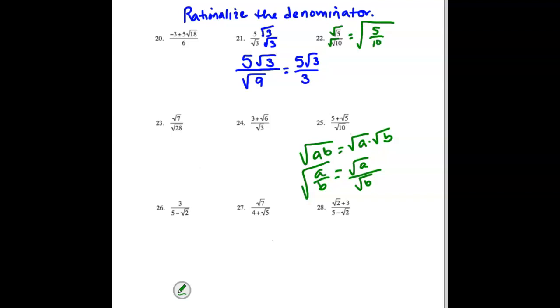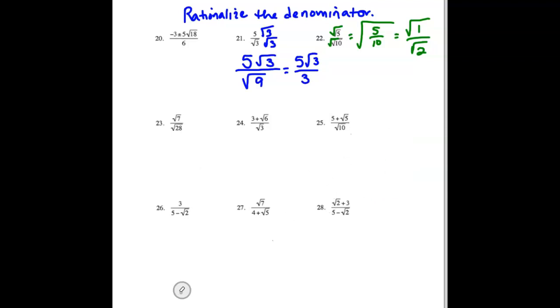And the reason I'm doing that is because 5/10 can be reduced. We can think of that as just a 1/2. So that's going to make this a little easier to rationalize if we think of it in its reduced form first. So now I have the square root of 1, which is a 1, dividing by the square root of 2. To rationalize this, I have to make the denominator perfect.